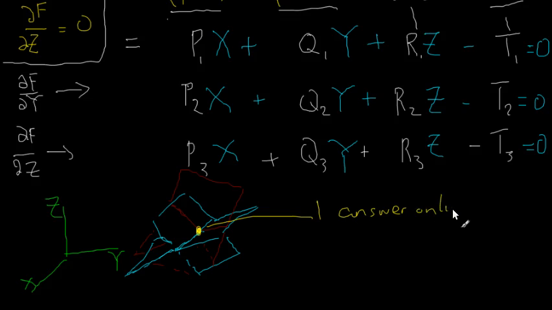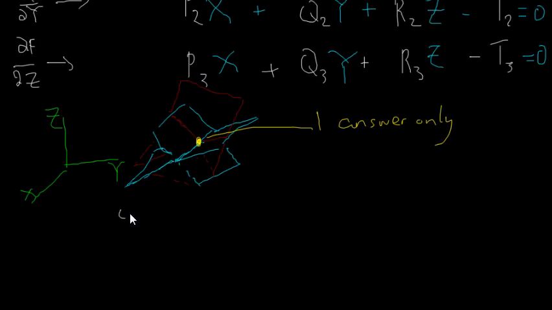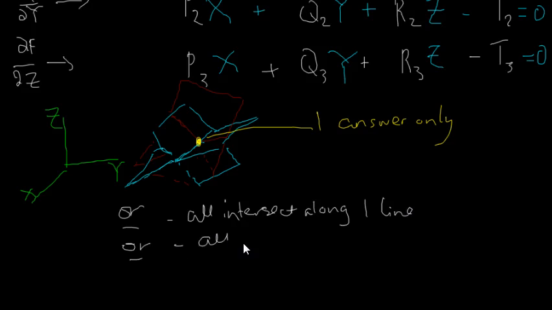But they don't have to do this. All 3 of them can also intersect along a line, or they can be parallel. Okay, so we have these other possibilities, or we can have they all intersect along one line, or they are all parallel.